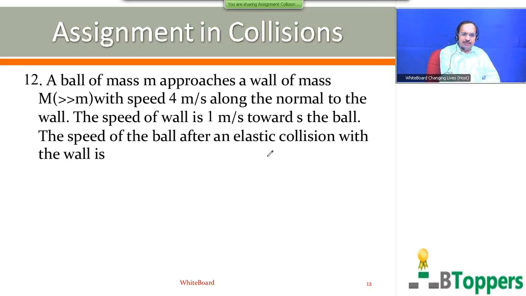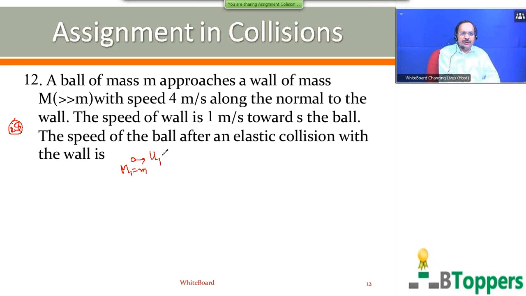It is similar to the question number 8, which I have discussed in my previous class. So the collision is elastic. So the ball is the first body. So m1 is the mass of the ball here.